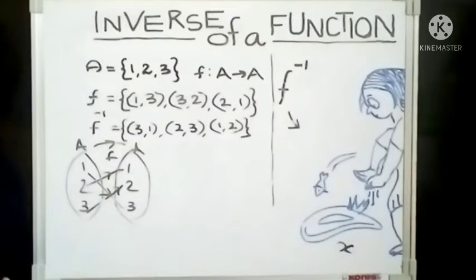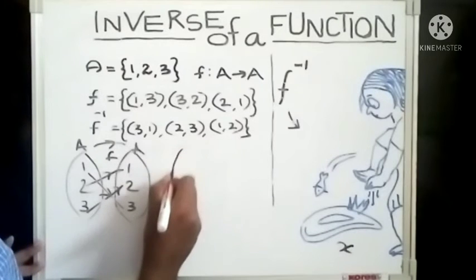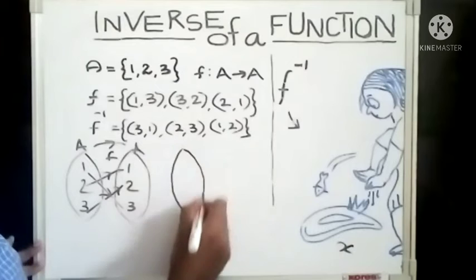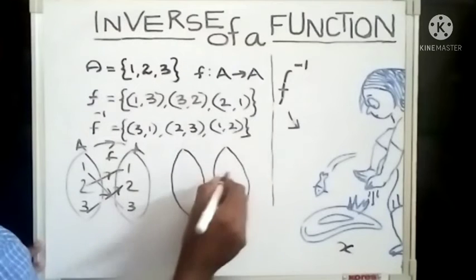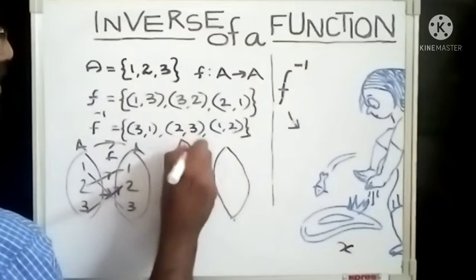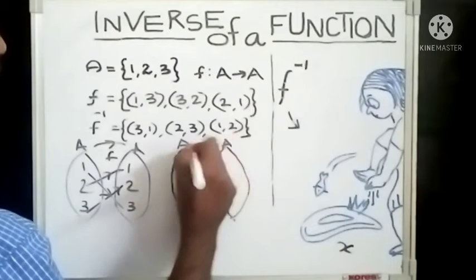Therefore, what about f inverse? F inverse is the reverse function from A to A itself. Therefore, let us draw f inverse. F inverse is defined from the second set to the first set.